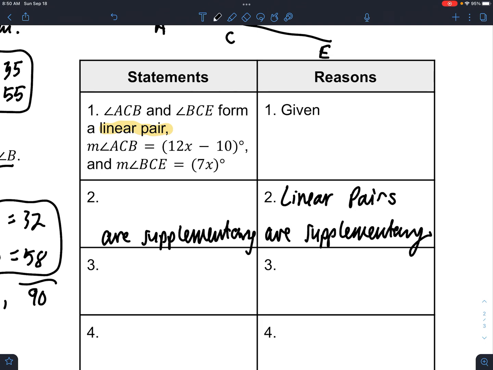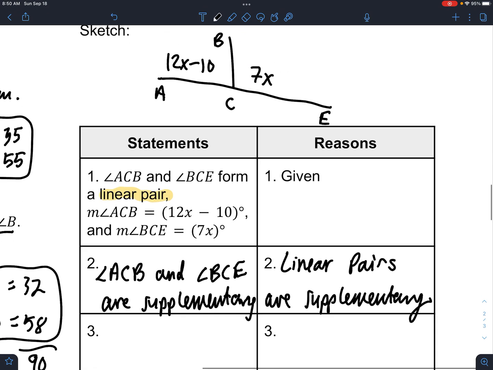And on a test, you would get some help with some of these filled in. But because the expectation is not for me to go from, like what we're doing now, blank proof, fill it all in. No, you'll have stuff filled in. But I'm trying to give you the reasoning why. We know we want to get to 180, but linear pair is our vocab word.